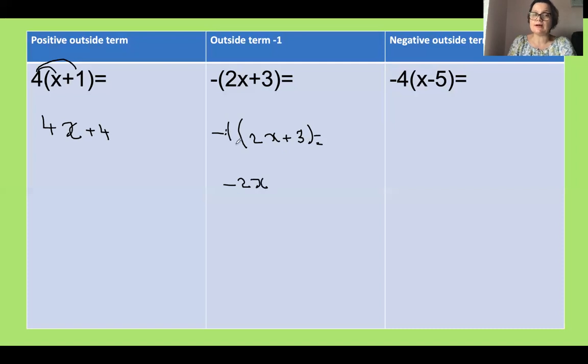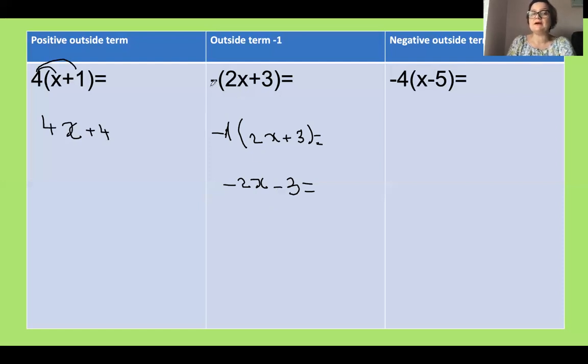And -1 times +3 becomes -3. So this is the end of the expansion. Without even needing to put a -1, you can realize straight away that minus times 2x is -2x, and minus times a plus makes minus, so -3.